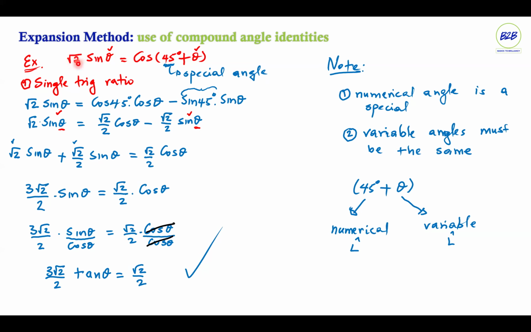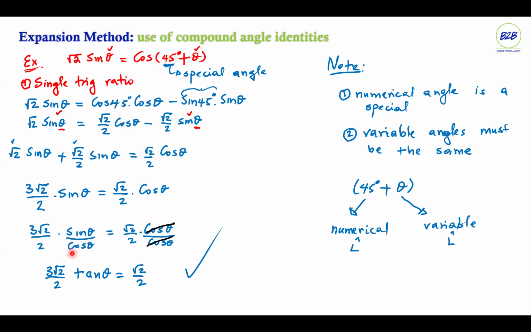It is root 2. And that's a problem for the conversion method. However, we can therefore use the expansion method, which works quite well when the variable angles are the same and also the numerical angle is a special angle.